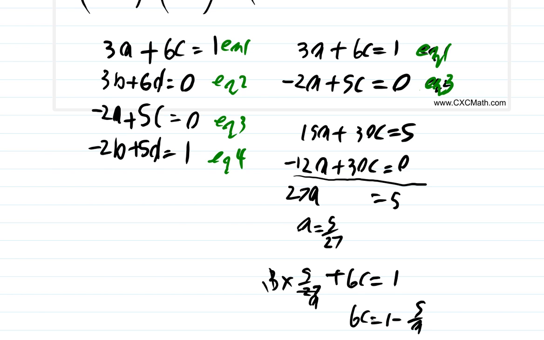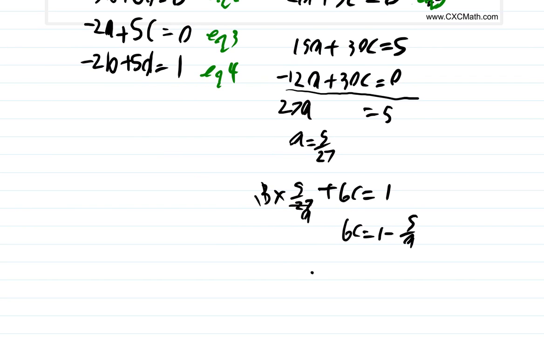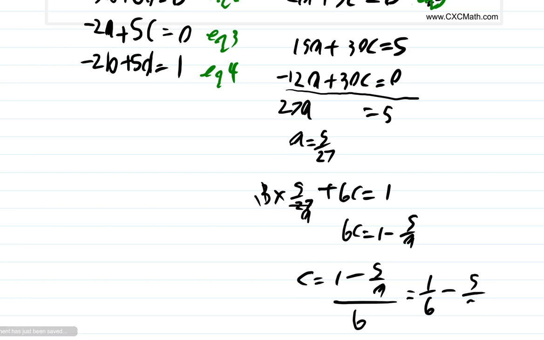And then c would be 1 minus 5 over 9 all over 6. So what would that give you? Well, that would be 1/6 minus 5 divided by 54. If you have a fraction calculator, you could quickly work it out.